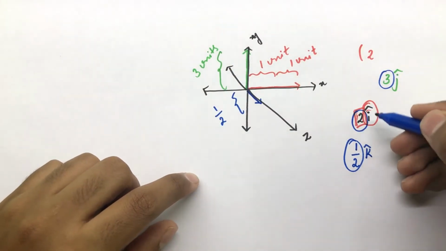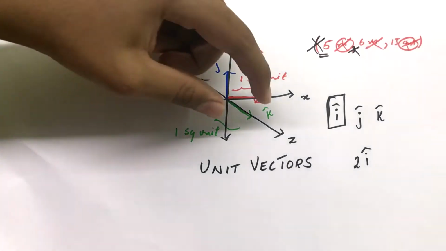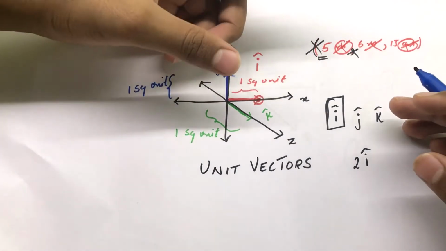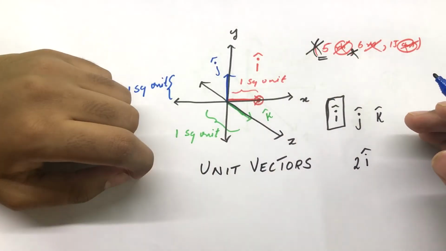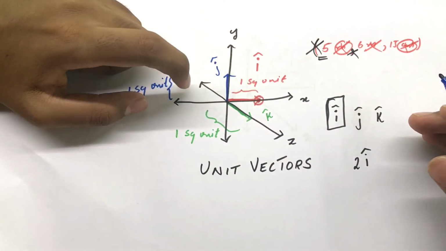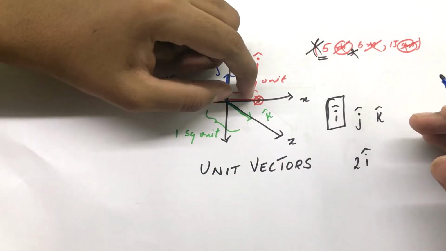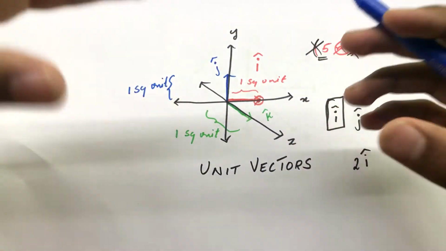If I multiply i cap, which is basically the small line like I showed you in the last page, so i cap is basically this line, if I multiply that by 2, I get a vector that is twice its length but along the same axis. Let's say I want a vector that's half its length. So I say half i cap. So I get a vector which is half the length of i cap along this axis. So i cap basically is a unit vector.